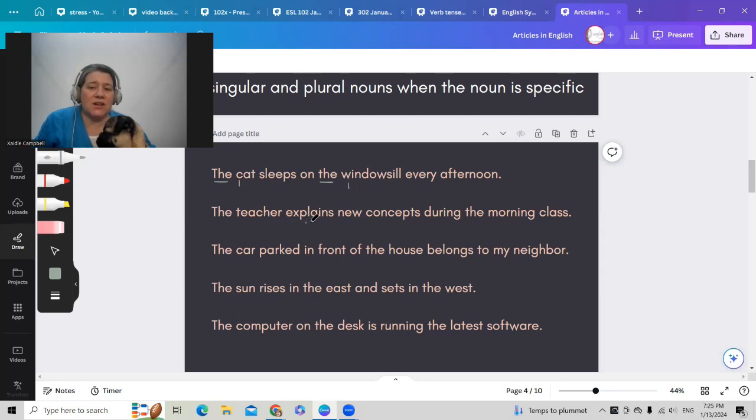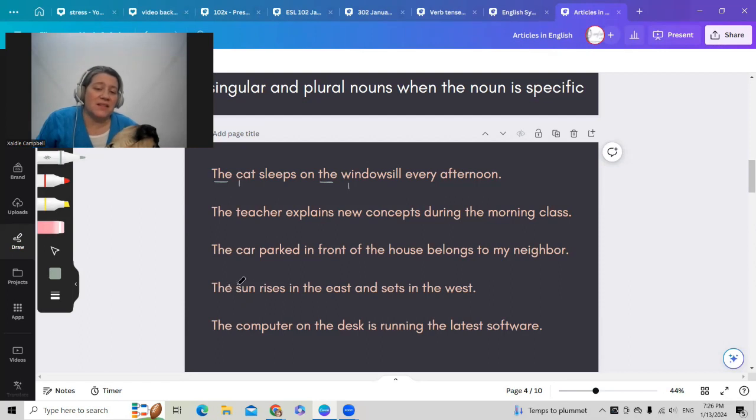The teacher explains new concepts during the morning class. The car parked in front of the house belongs to my neighbor. The sun rises in the east and sets in the west. Let's look at that sentence a little bit.